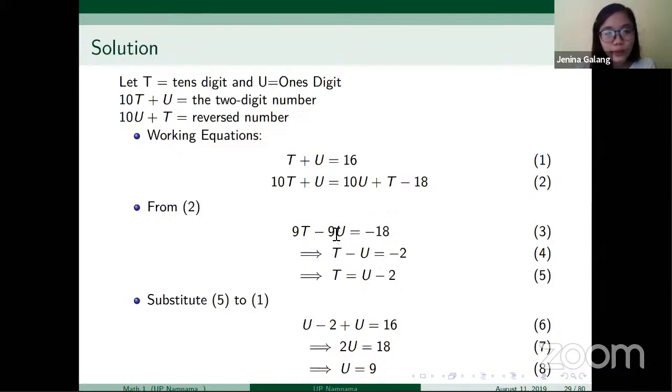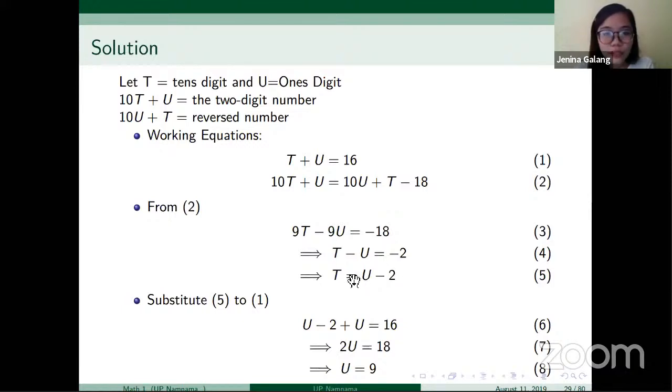So, dividing both sides by 1 over 9, we have t minus u equals negative 2. And transpose natin yung u to the right side, we have t equals u minus 2.